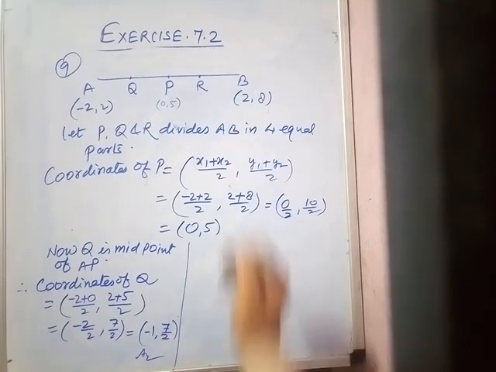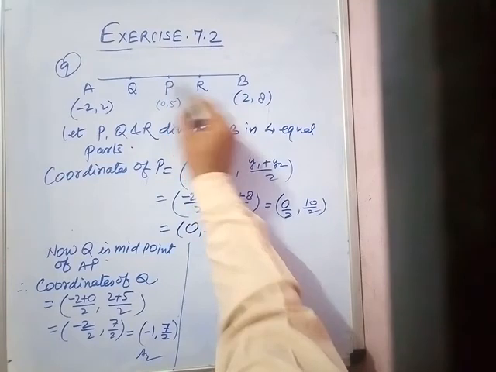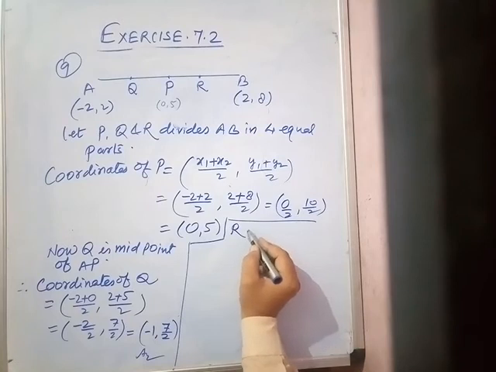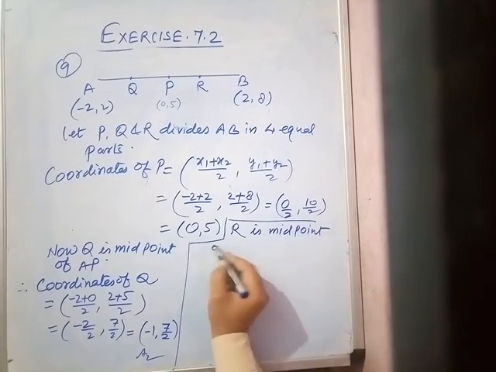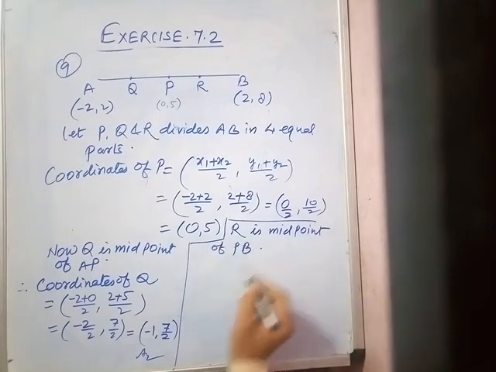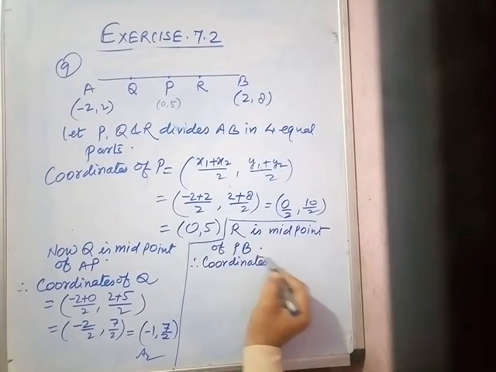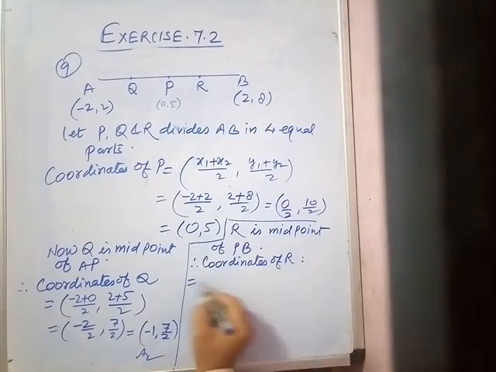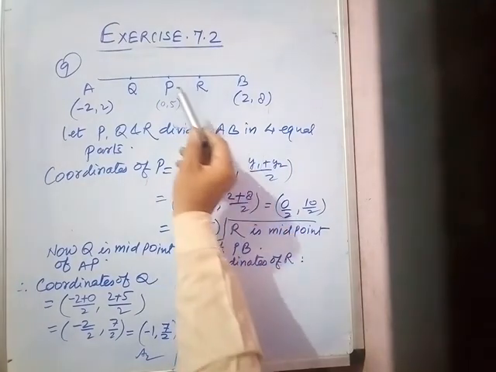Now for the coordinates of R, we see that R will be the midpoint of PB. So we use the midpoint formula here.